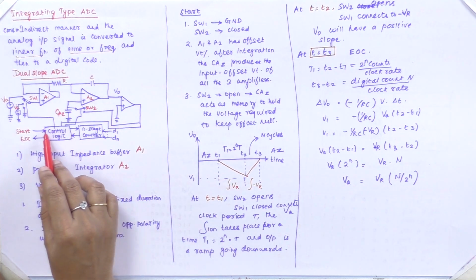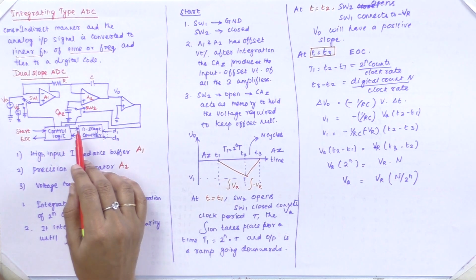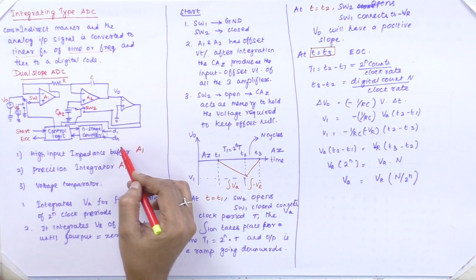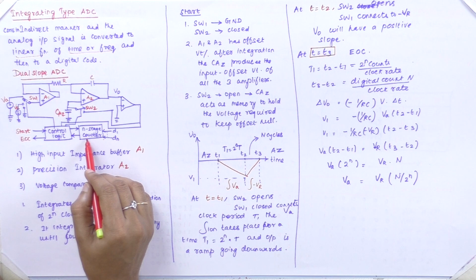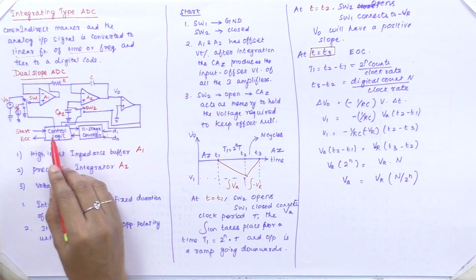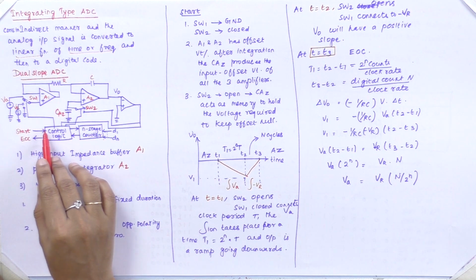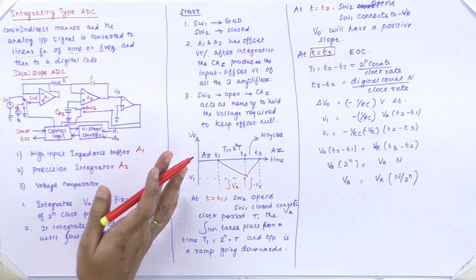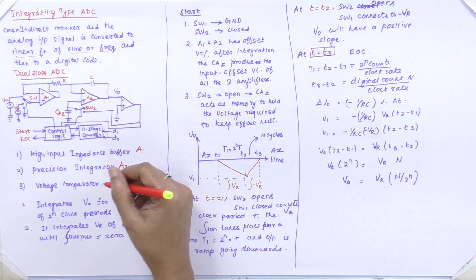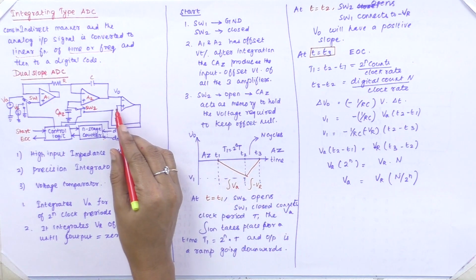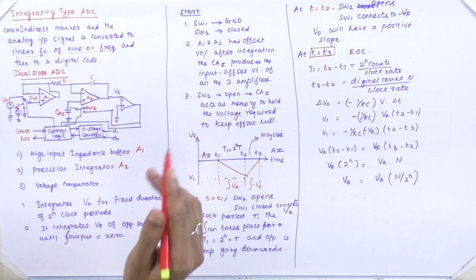Here we have a control logic, and we have an n stage counter. The digital outputs D1 to Dn are connected to that n stage counter. It depends on the control logic. This uses the start and end of conversion concept, and it is applied to the voltage comparator. Here the non-inverting terminal is grounded.